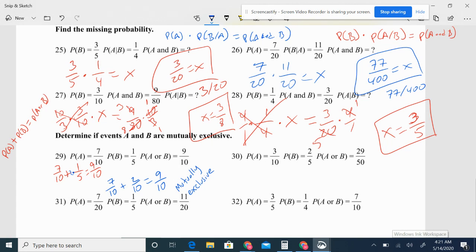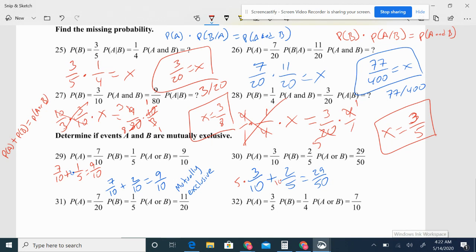Now let's take a look at question number 30. Probability of A is 3 over 10 plus probability of B is 2 over 5. And probability of A or B is 29 over 50. All right, so to have common denominators, my first fraction, I'm going to multiply top and bottom by 5.